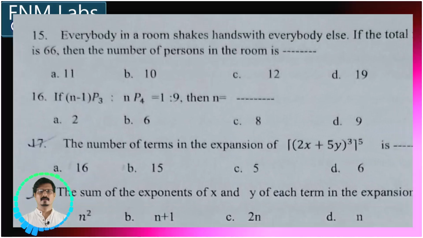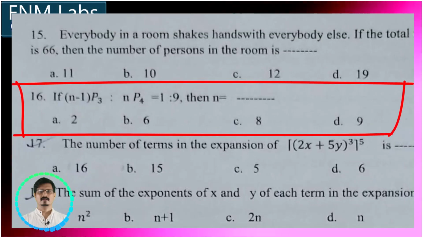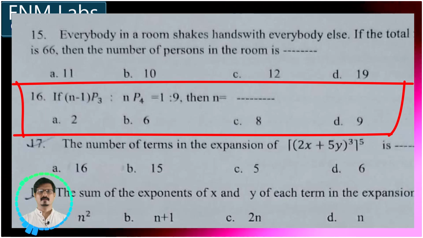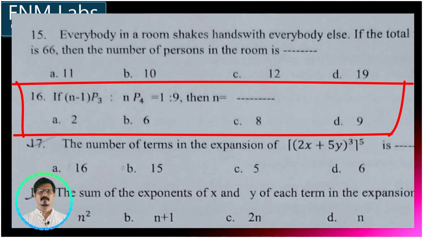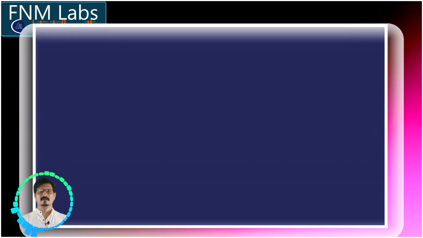The next question is about the ratio of two numbers expressed as permutations. If n-1 P 3 is to n P 4 is equal to 1 is to 9, then find the value of n. The ratio between two positive numbers a and b is defined as their quotient a divided by b, provided b is not equal to 0.